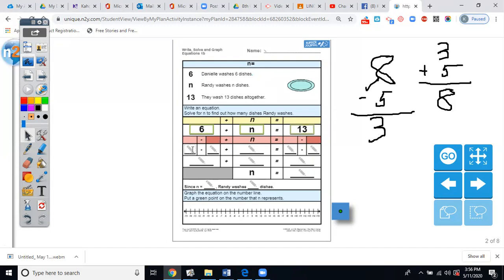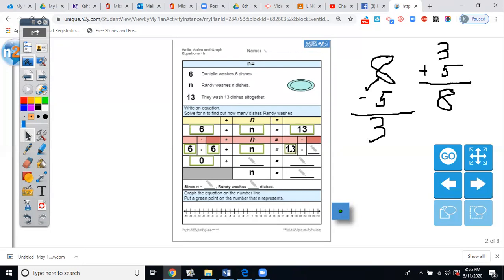Okay, here, just 6 minus 6. And what you could do, you could skip down here if you wanted and just solve it. 6 minus 6 is 0. Okay, N, since we don't know how many dishes Randy washed. Okay, so we're going to take the number of dishes washed by Danielle and Randy, both of them, and put that number right there.